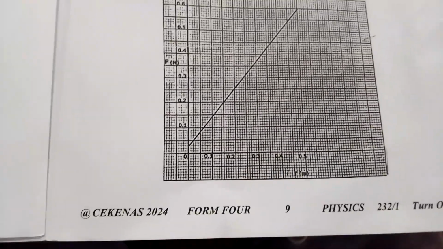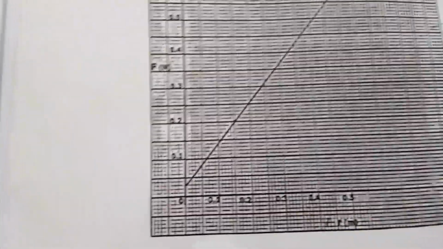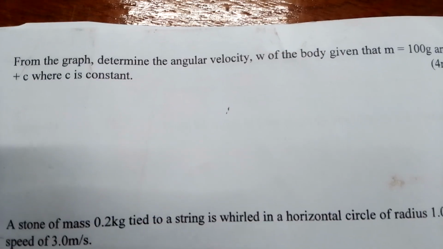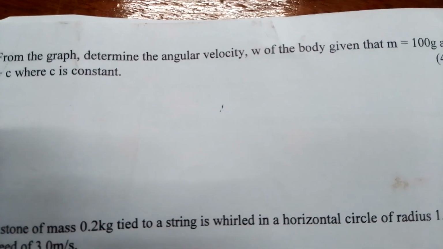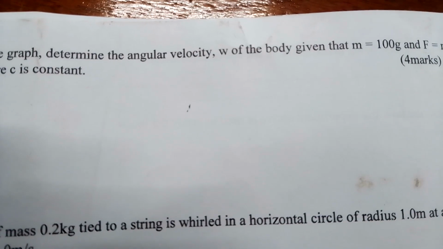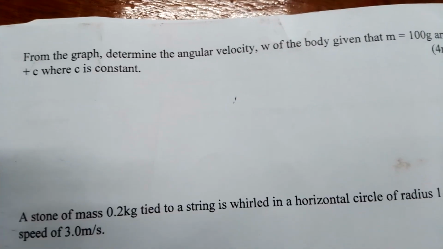As you can see that graph, let me put it close so that you can interpret it very well. They are asking a few questions here. From the graph, determine the angular velocity W of a body when M is equal to 100 grams and F is equal to mw squared R plus C, where C is a constant.